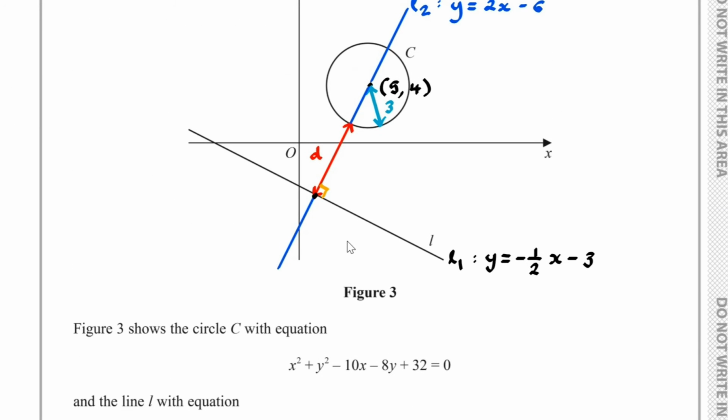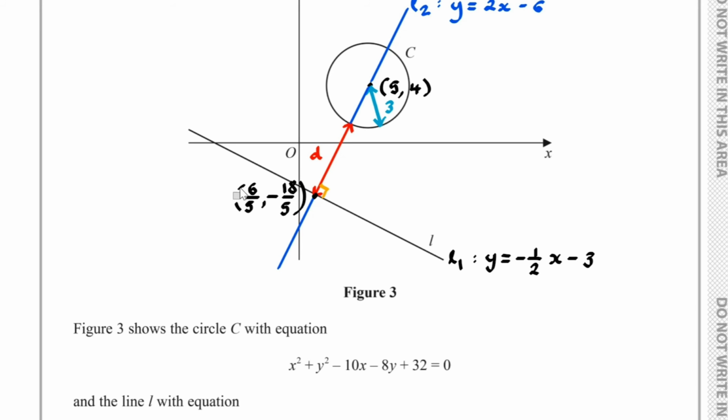So if I add on the coordinates here, we've got 6 over 5, and we also have negative 18 over 5 as our coordinates where L1 and L2 intersect.